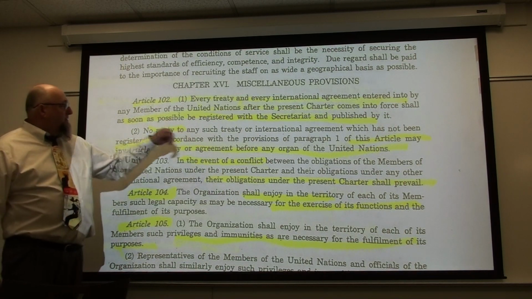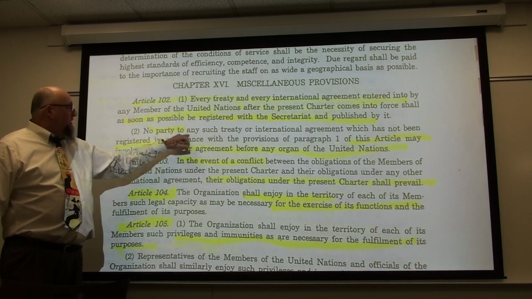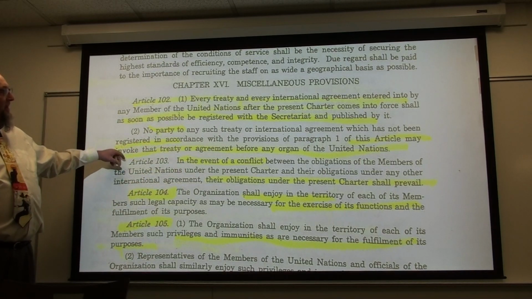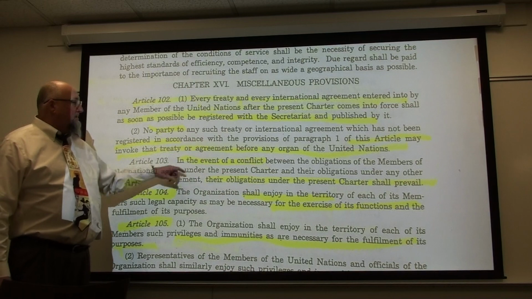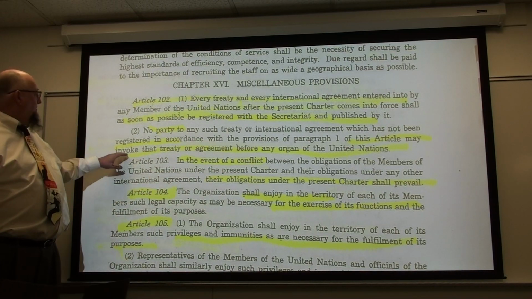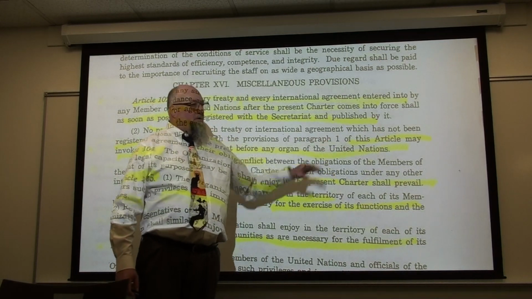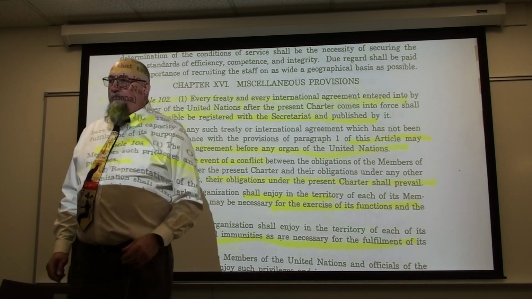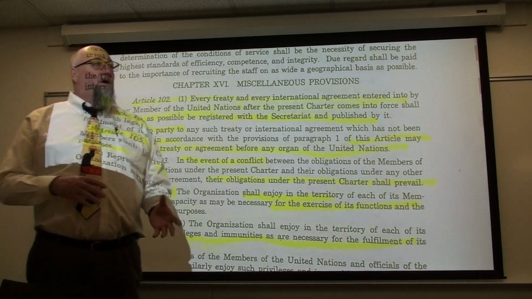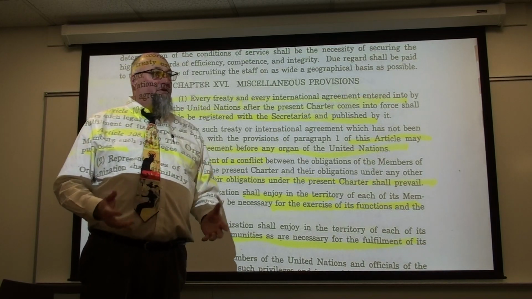No party, under Section 2, no party to such treaty or international agreement which has not been registered under this article may invoke that treaty or agreement before any organ of the UN. So this is giving some weight behind the requirement to file treaties.